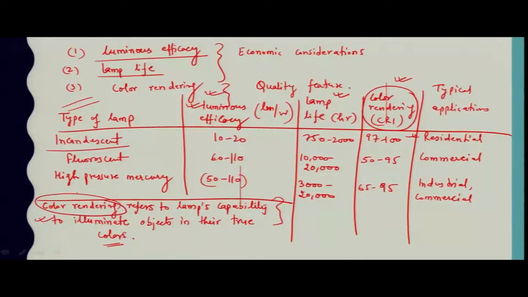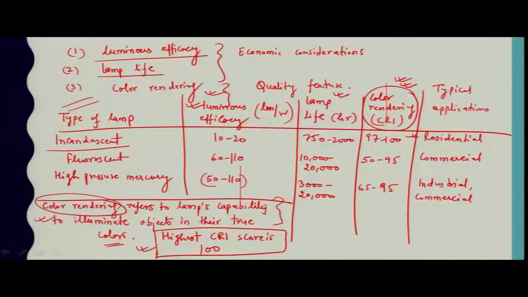So there is an index decided for that. That index is CRI, the color rendering index. This CRI is the most widely used measure for color rendering, and the highest color rendering index score is 100, which is obtained in daylight.